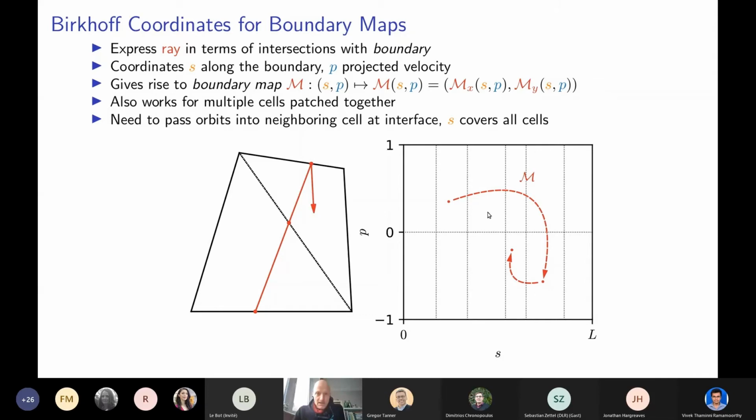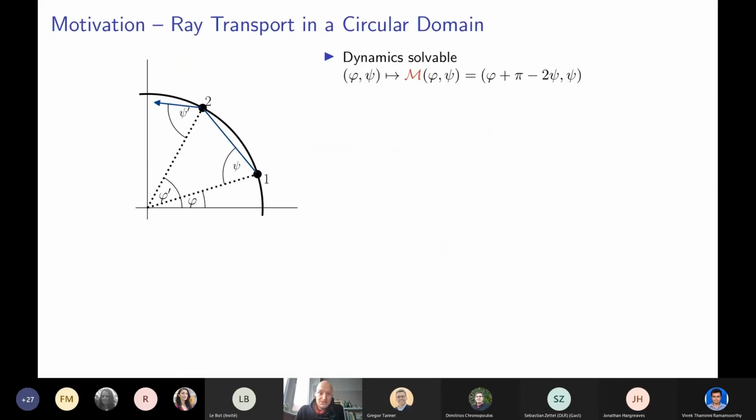Okay. What I want to do now is give you an example where we can actually fill out MX and MY explicitly. And one example where we can do that is a circle. So now, instead of triangles, for a moment, I want to talk about circular domains. Please take my promise, we will get back to the car eventually.